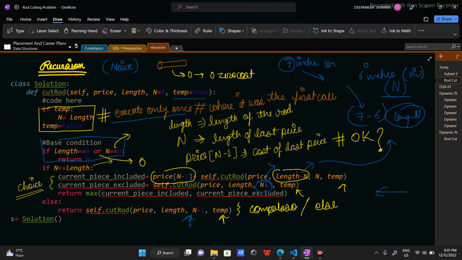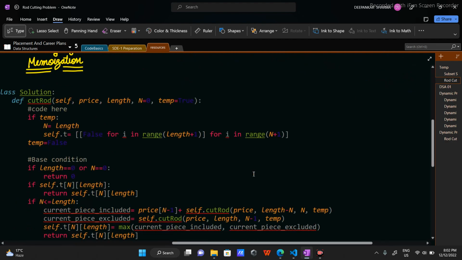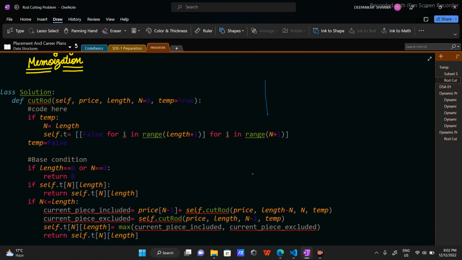All right, but with recursion, we know what the problem is. It is very naive. We will have to recursively visit nodes which were already visited, so we will have a memoized version of it. During this portion, we will make a matrix like this.